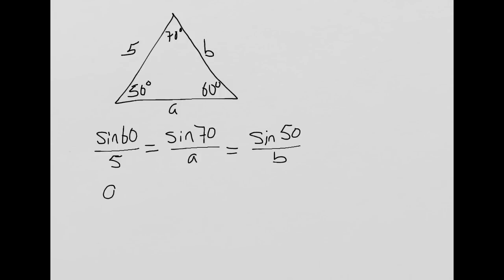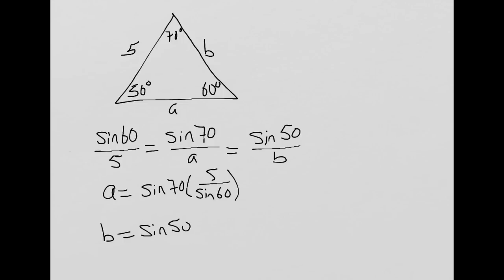We end up with a equals sine of 70 times 5 over sine of 60, and b equals sine of 50 times 5 over sine of 60.